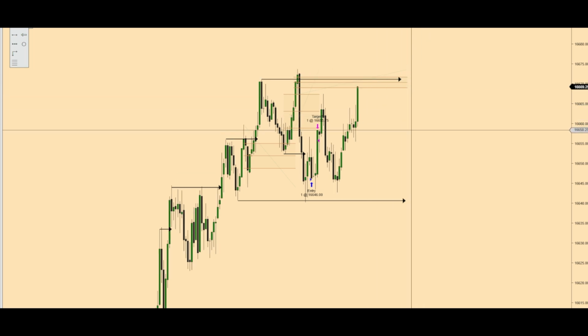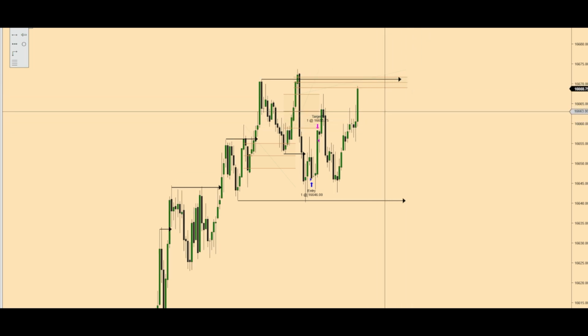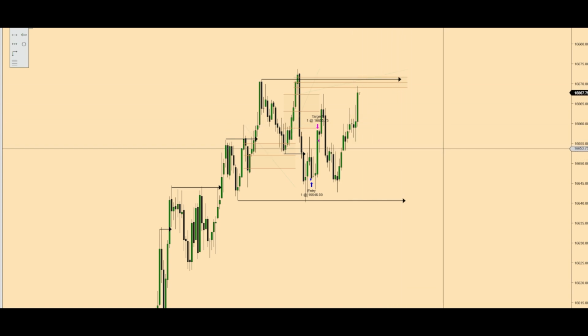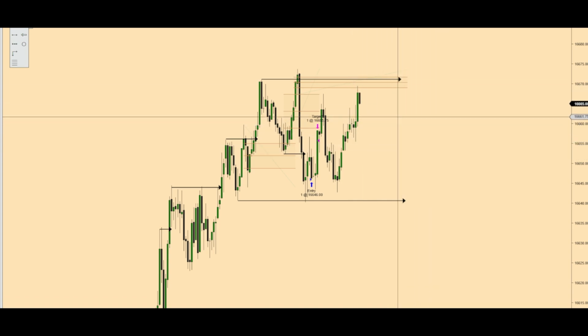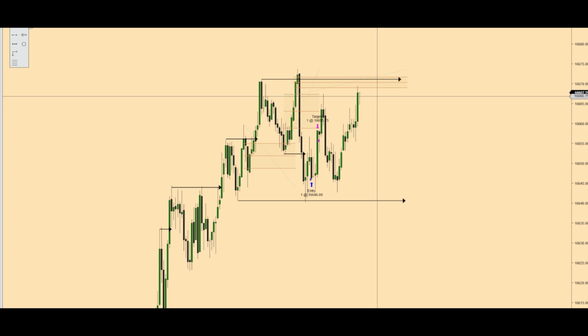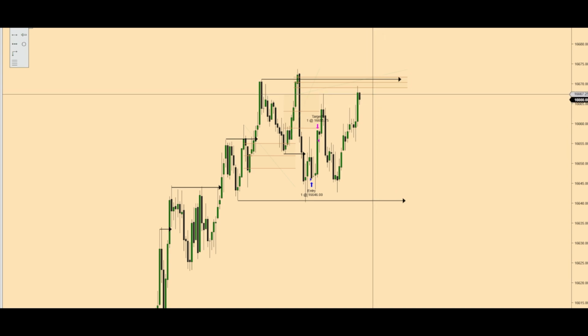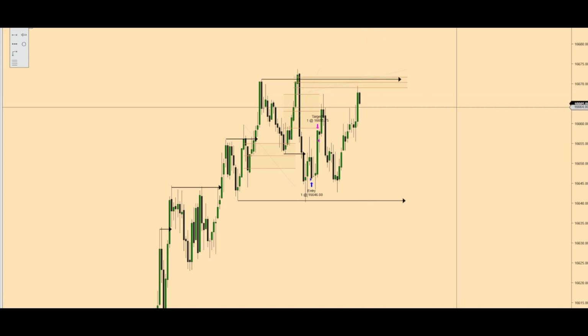Let's see if we... This is a pretty big candle though. Maybe if we sweep that high again.